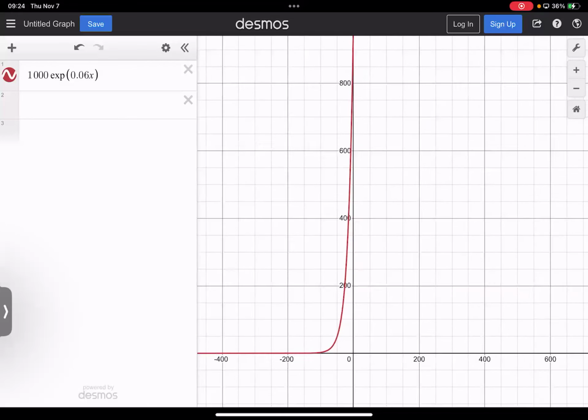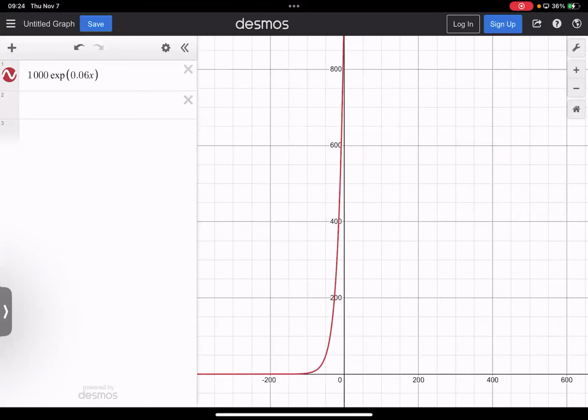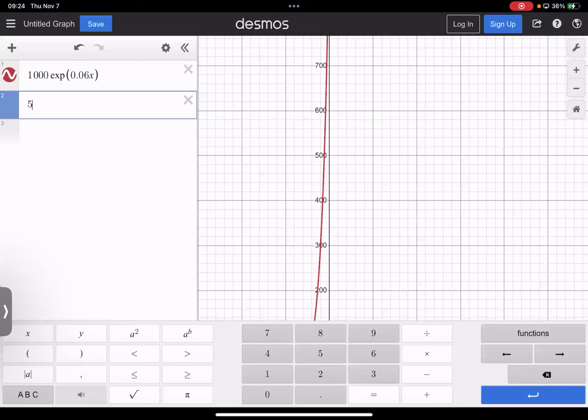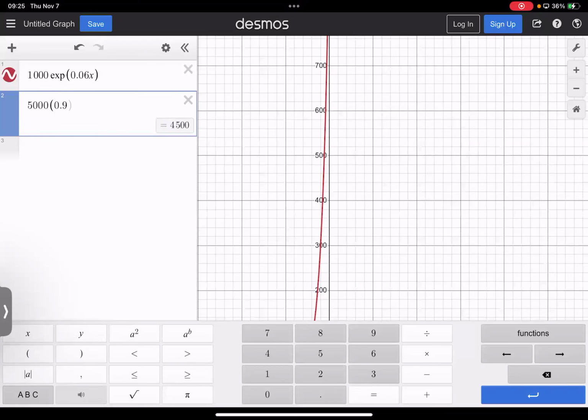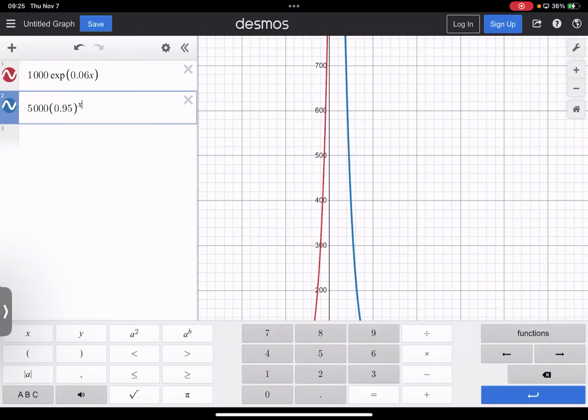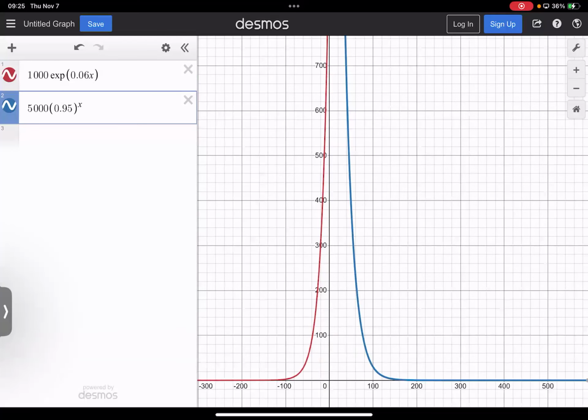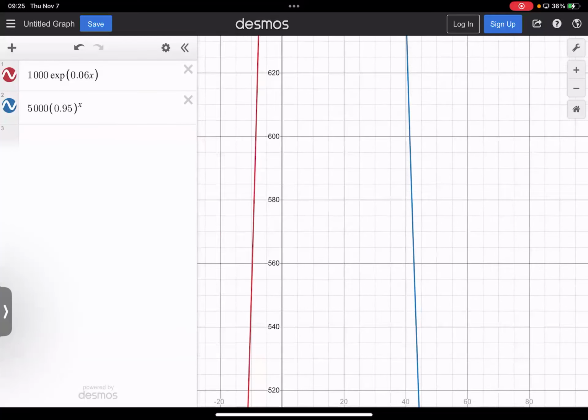Well, because we know it crosses at 1000. Never mind. Actually, I'll just use my way. But let's try it anyways. Let's see here. 5000 times 0.95 to the power of x. Uh-oh.